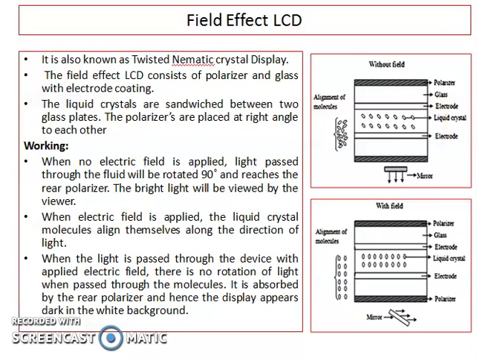And regarding the working, when no electric field is applied, the light passed through the fluid will be rotated 90 degrees and reaches the rear polarizer, that is the back side. The bright light will be viewed by the viewer.